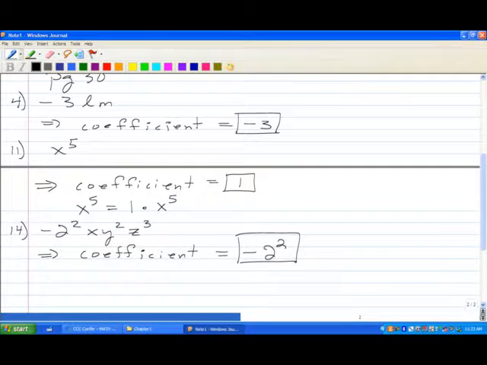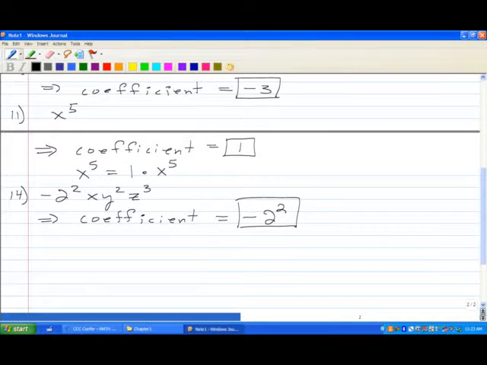Let me do problem number 16. In exercises 15 through 28, identify the variable part and the numerical coefficient. And so I have negative p squared.